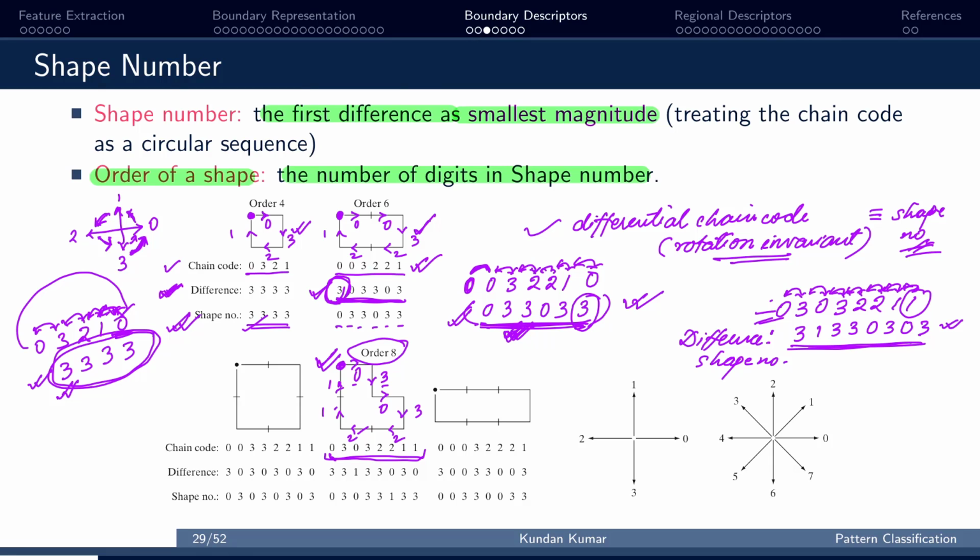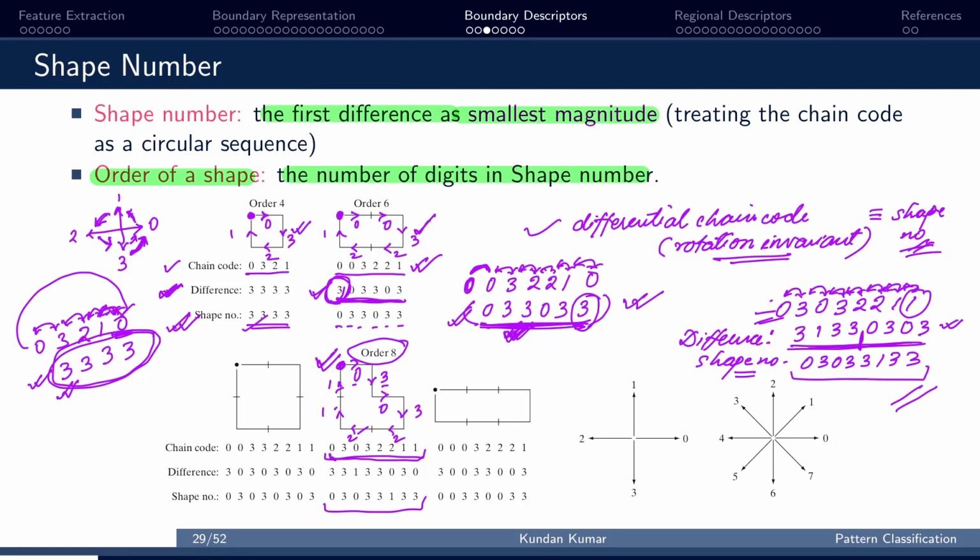So if the shape number starts from 0, then there is a possibility that the number will be smallest. So we can start from here. Okay, so 0 3 0 3, and then we will move in the circular sequence. So it will be 3 1 3 3. Okay, so just verify here. This is 0 3 0 3 3 1 3 3. Okay, so this is the shape number.